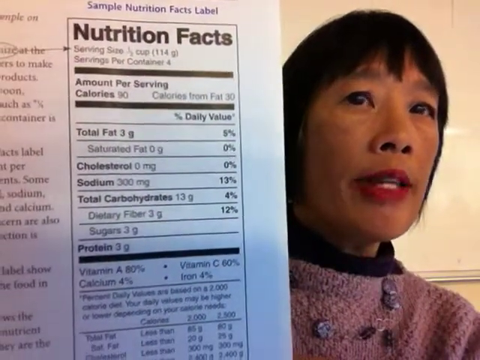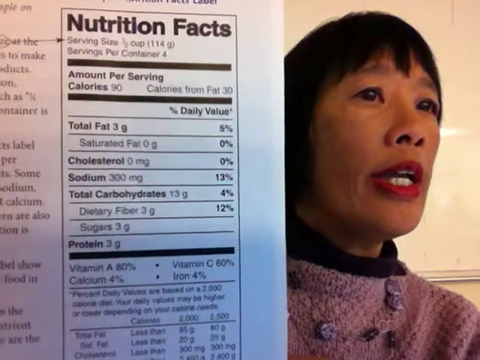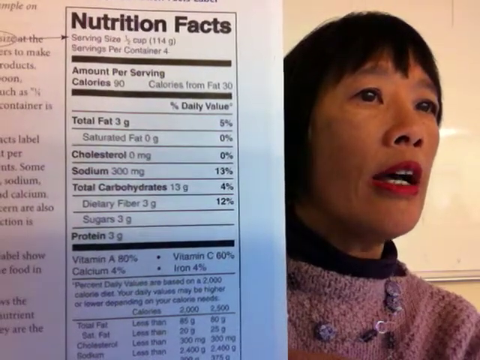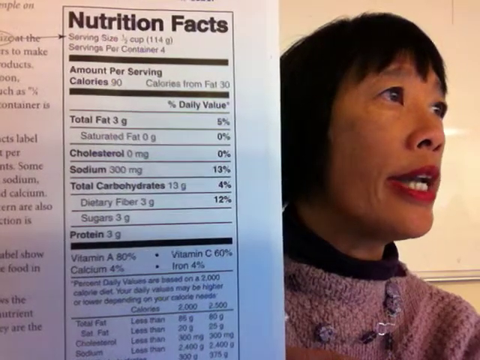Here's our nutrition facts label. So on activity 27, we see the nutrition facts label, and this is something that we can find on a packaged food container, all right? So in the U.S., nutrition facts are required to be placed on any kind of label.